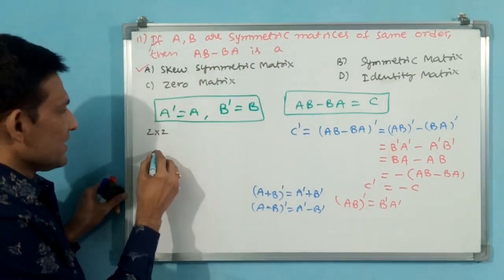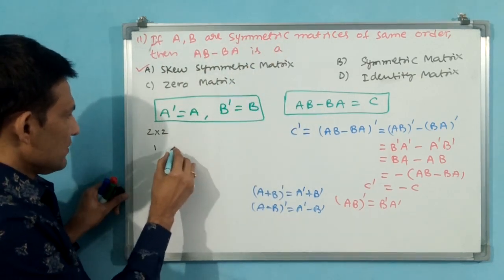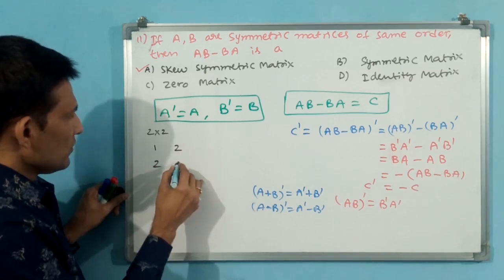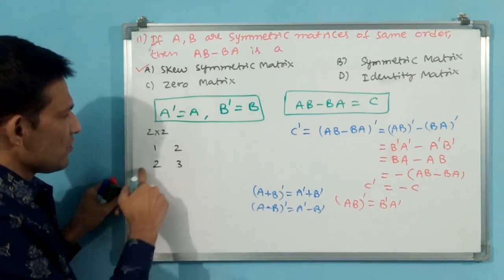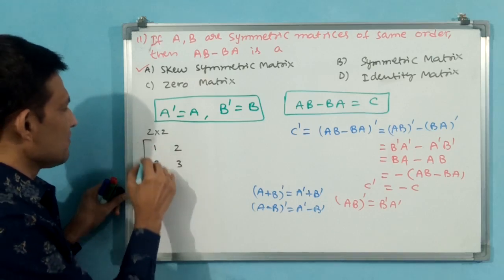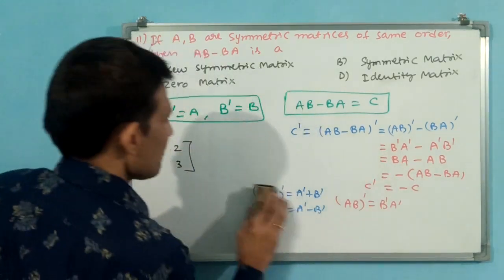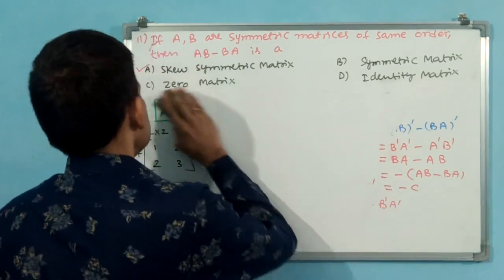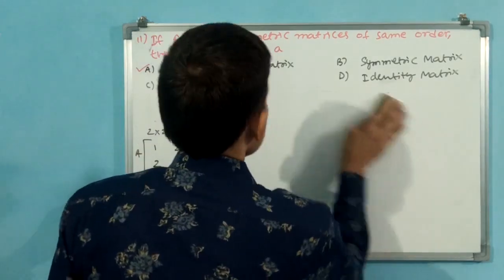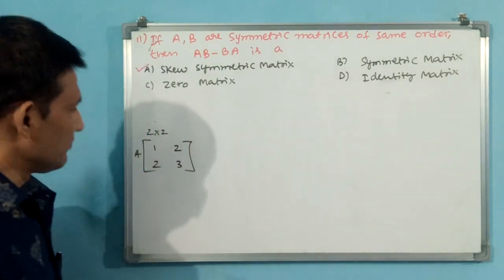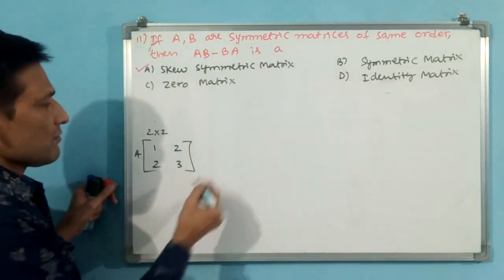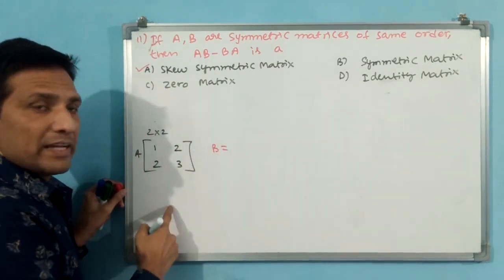How are you going to take them? See, 1, 2, 2, 3. This is symmetric matrix A. You have taken it. This I am rubbing, because we have proved this already and the answer has also come. Now B also you have to take as a symmetric matrix.